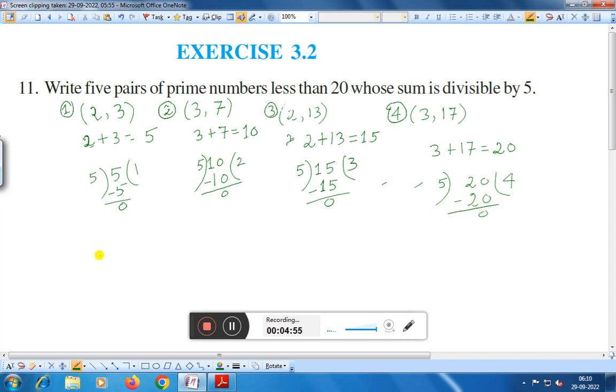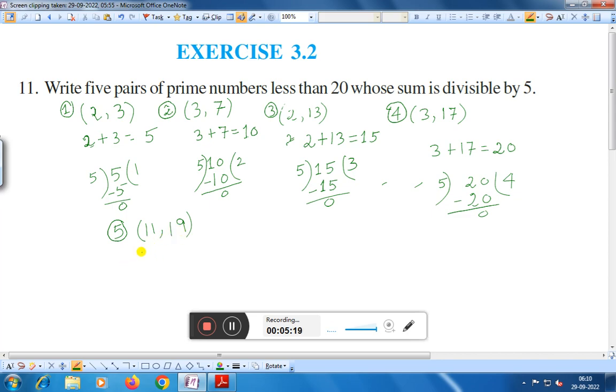And the fifth pair may be taken as, now we are taking fifth pair. If we take 11 and 19, both are prime numbers and also less than 20.